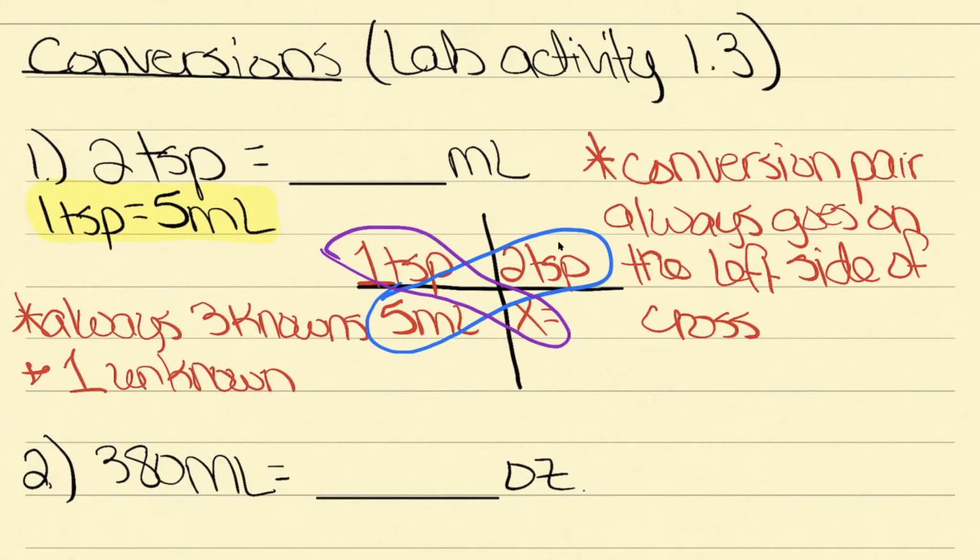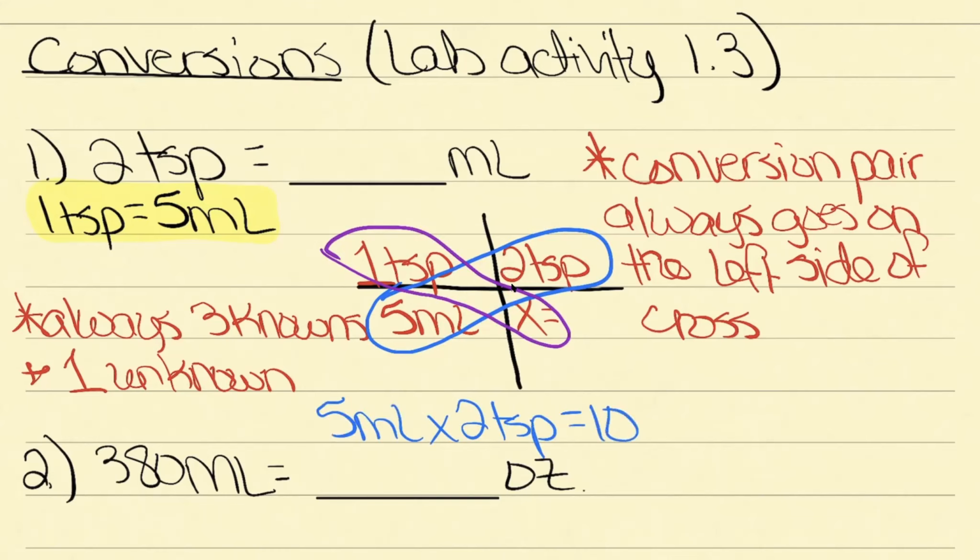So whatever is across from one another, you multiply. So, wait, no, that looks sloppy. 5 and 2 are across, so you'll do 5 times 2. So 5 milliliters times 2 equals 10.